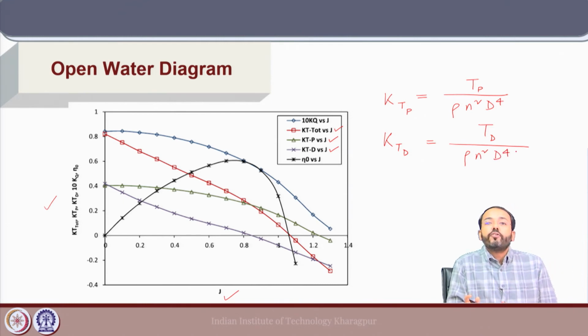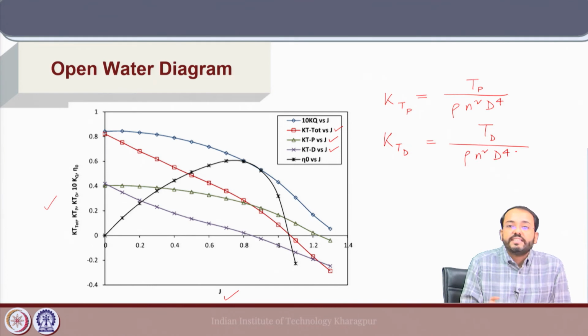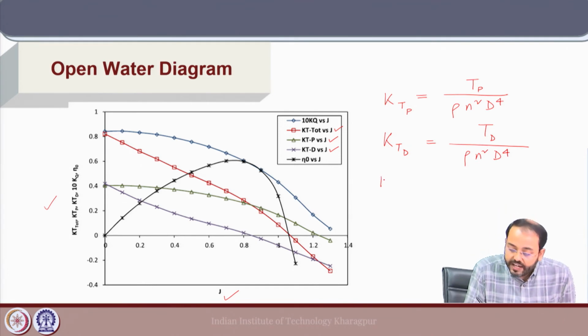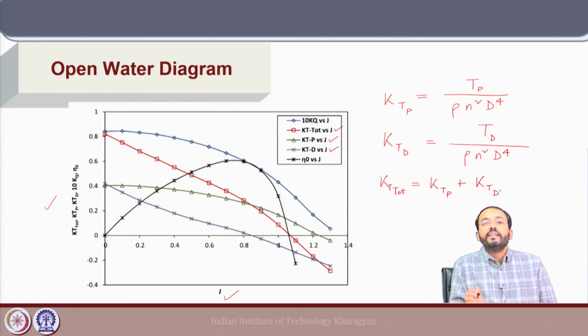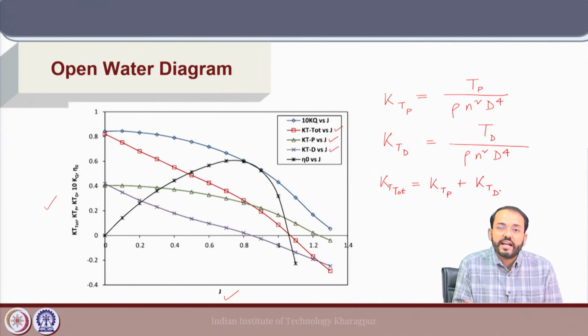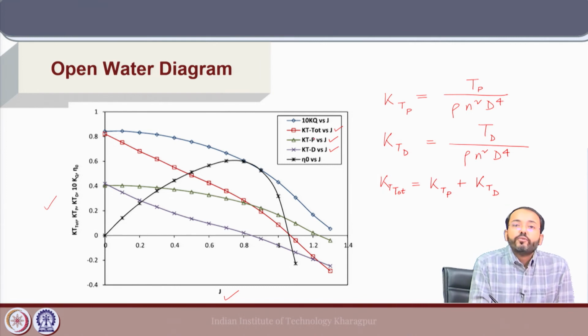So, the procedure for non-dimensionalization is the same, and we have KT total equal to KTP plus KTD, the two components, one from the propeller and one from the duct. Let us look into the plots one by one.